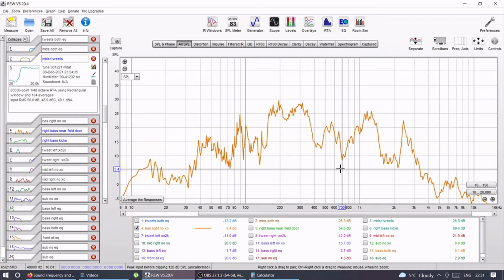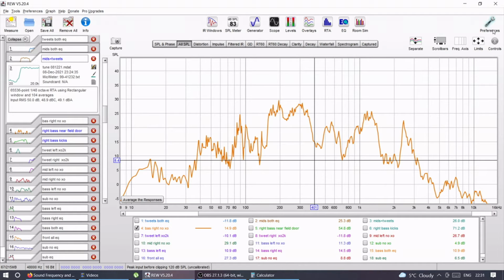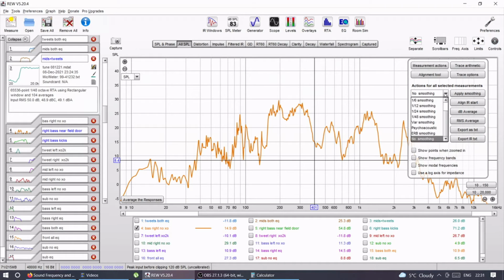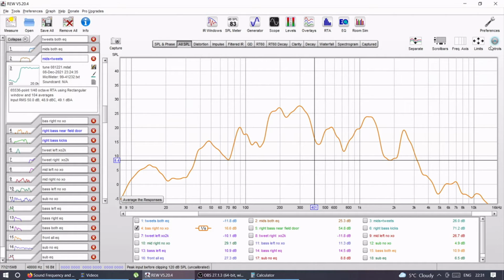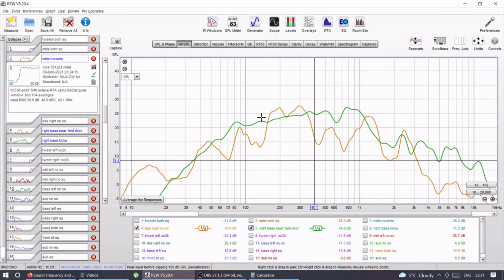Now, just to make sure, how do I know that these are cancellations and not a problem from a driver itself? It's very easy to check. If I take a frequency response of my driver that is near field, that means I stick the mic just in front of the driver and I measure the response, and this is a green line, so it's literally like half an inch from a driver measured.